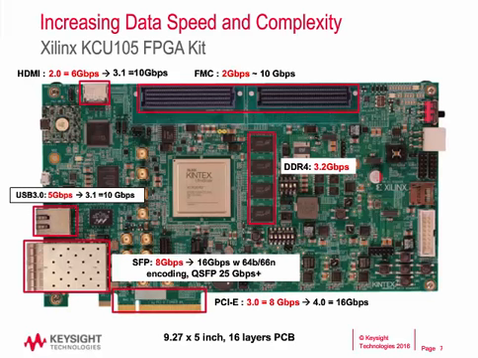As shown in the Xilinx KCU105 board in this slide, the data speed keeps increasing, which pushes the bandwidth requirement up to higher frequencies. Knowing the channel performance accurately helps for a better choice in equalization strategy, early exploration of the interconnect budget, and channel verification.